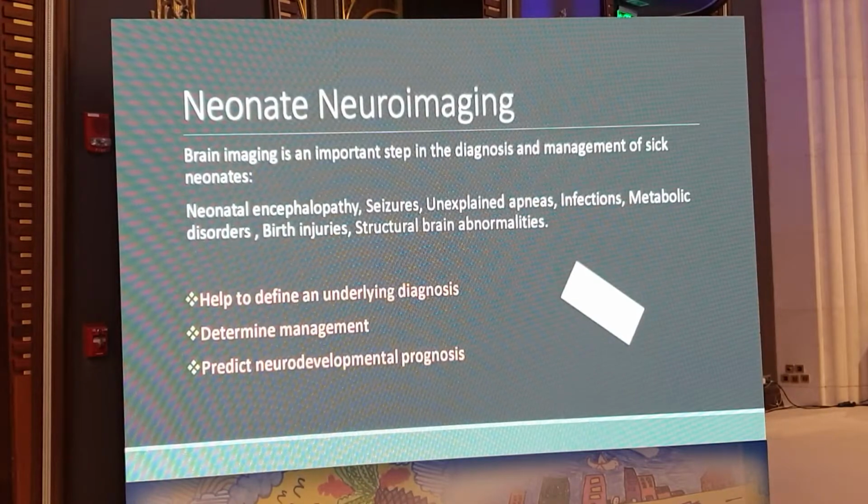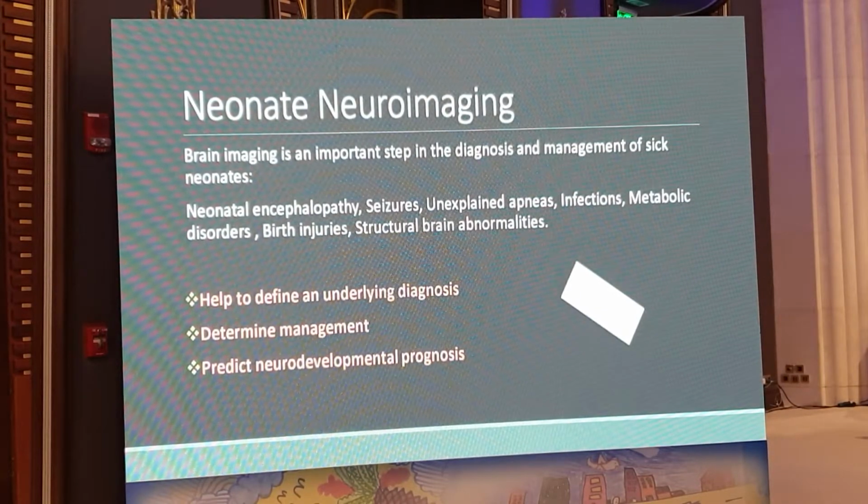Brain imaging is an important step in the diagnosis and management of sick neonates presenting with encephalopathy, seizure, apnea, or other disorders. Neuroimaging helps to define the underlying diagnosis, to determine the management, and also to predict the prognosis of those children.